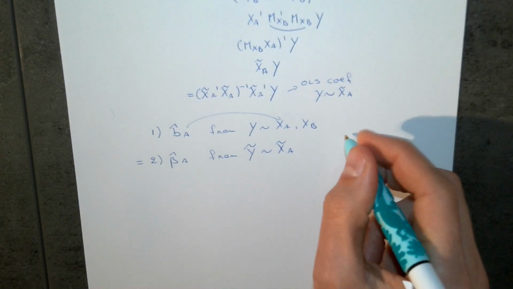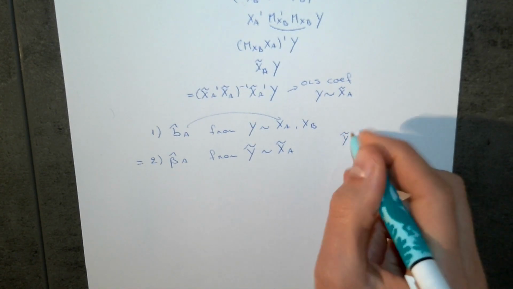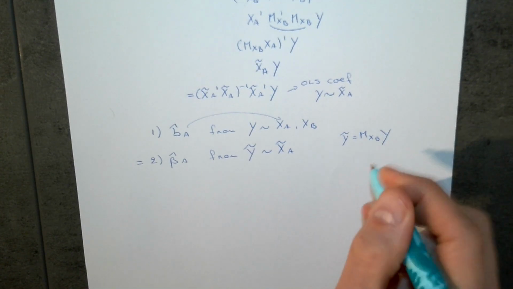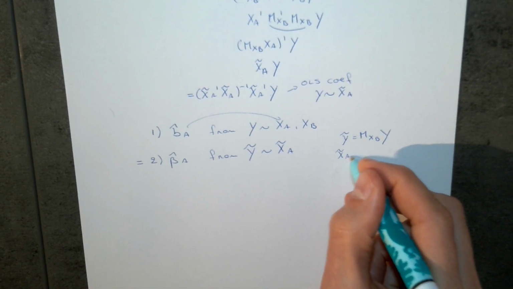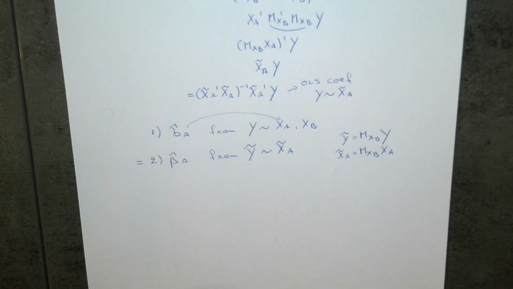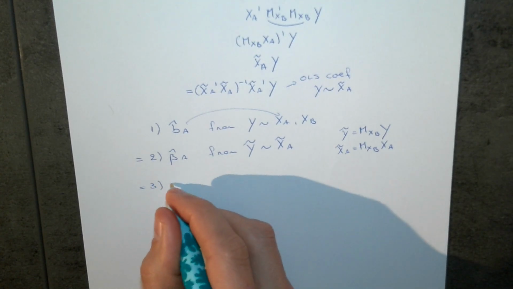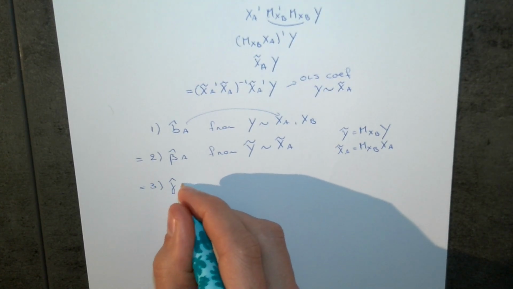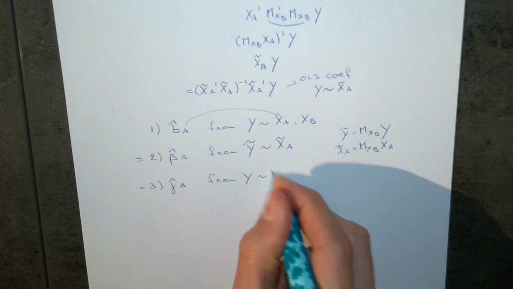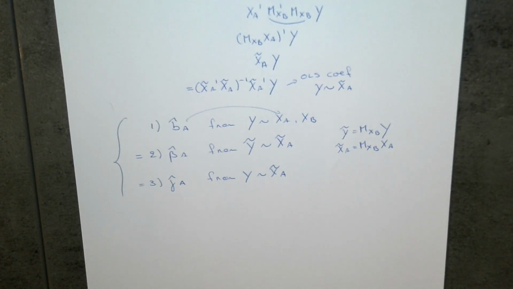Here y tilde is the residual from regressing y on xb, and x tilde a is the residual from regressing xa on xb. And this is also going to be equal to, let's say, the coefficient gamma a that you get from regressing y on x tilde a.